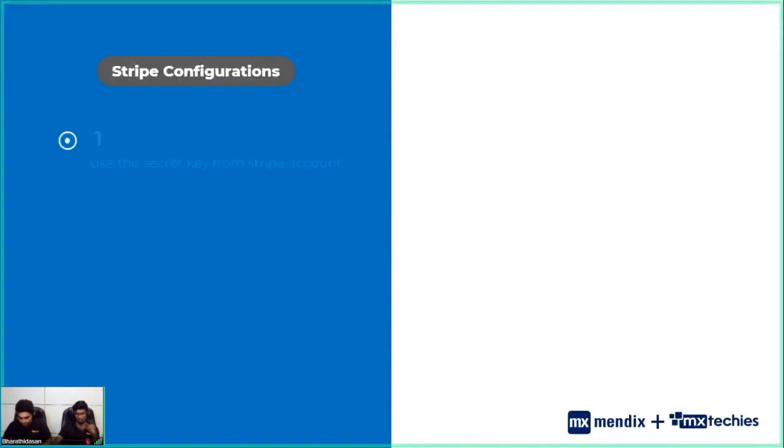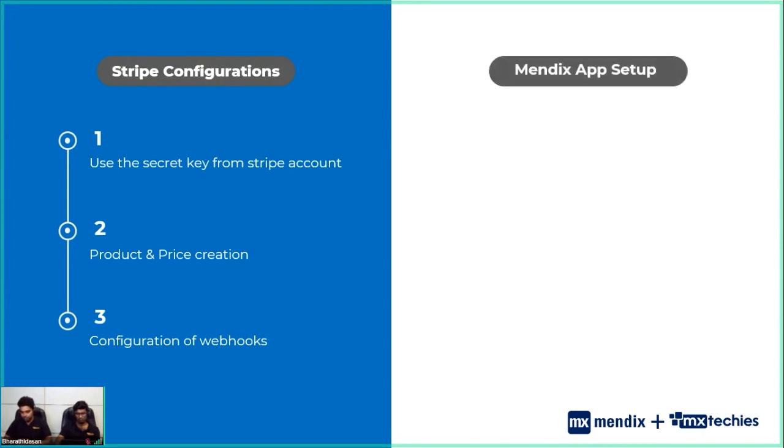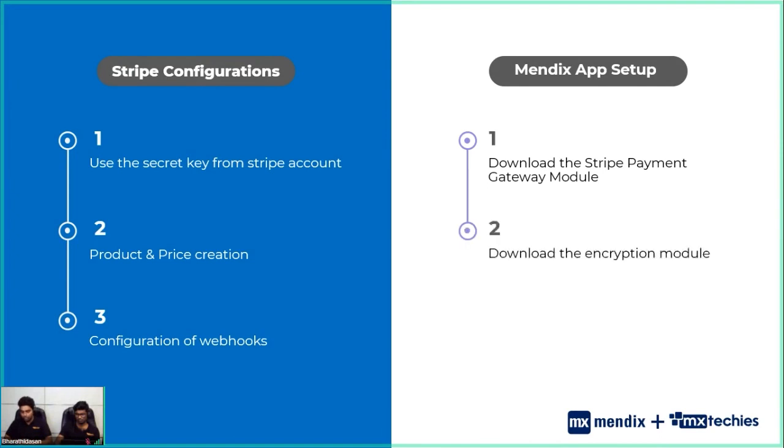So next, we need to start with the configurations from Stripe. We need to use the secret key from the Stripe developer account, look for the products, create the products in the Stripe account, and configure the webhooks to make the successful payment from Mendix as well as Stripe. In the Mendix app, first from Mendix version 9.12.4, you can create the Mendix application, and you need to download the Stripe Payment Gateway module and download the encryption module.